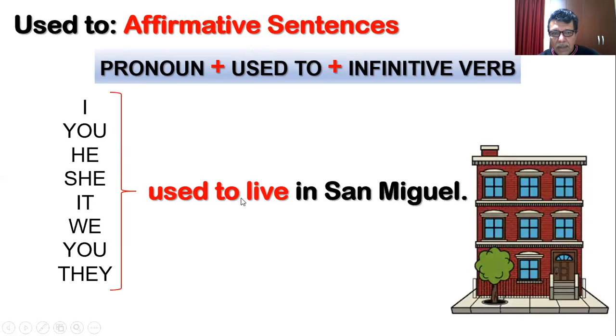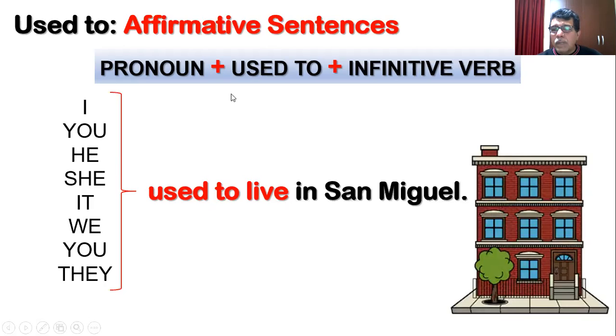Used to with D plus a verb, live in this case, in the infinitive form. I used to live in San Miguel. She used to live in San Miguel. They used to live in San Miguel. It's the same expression for all the pronouns. Okay? And this is a house in San Miguel too. Do you understand? Remember, in affirmative, we're going to use used with D at the end. Used to. Remember that this is regular form.